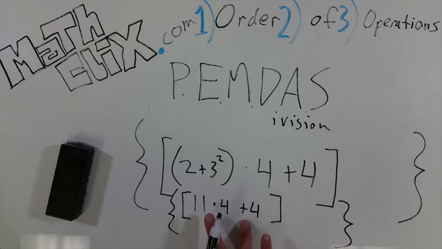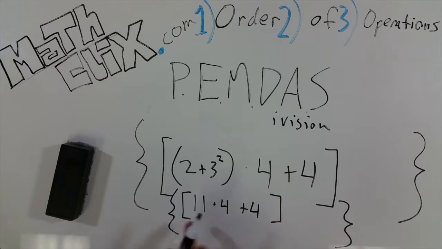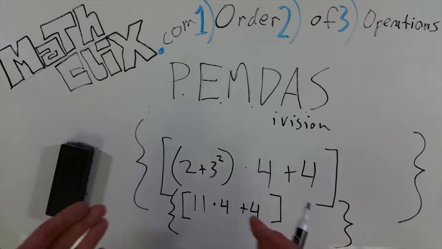Well, so we got an addition here, and then we got a multiplication. Well, if we added 4 to this 4 and it'd be 8, and we multiplied the 11 by 8, it'd be 88. Okay. But if we multiply by the 4 first, it would be 44, and plus 4 would be 48. 48 is not 88.